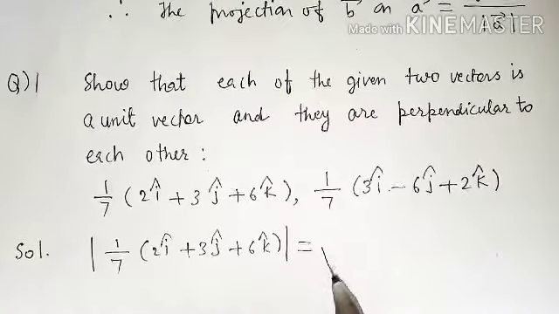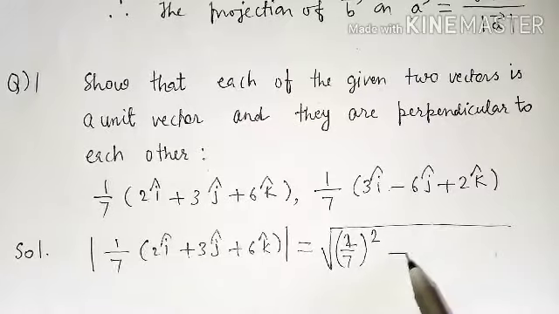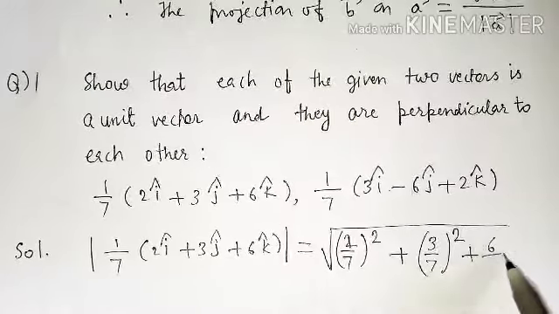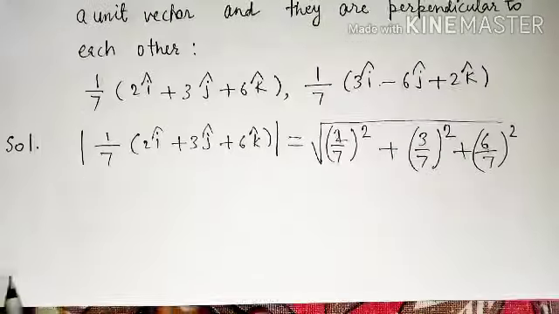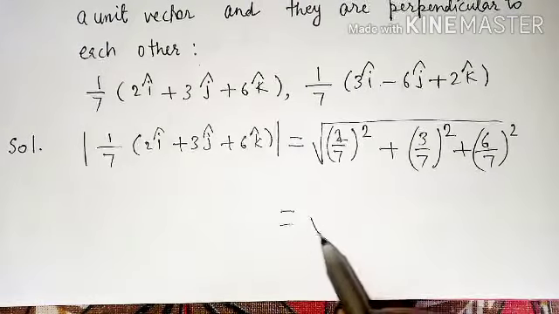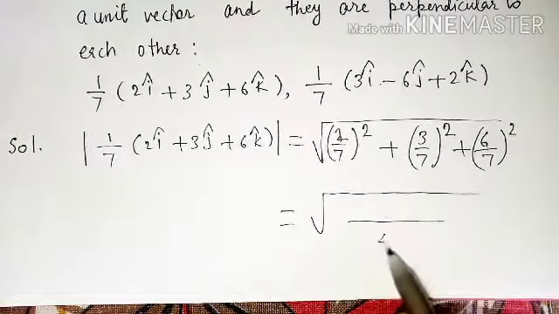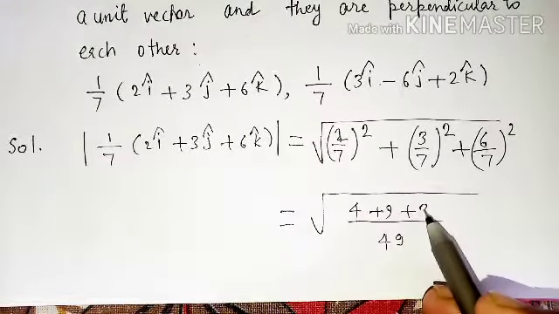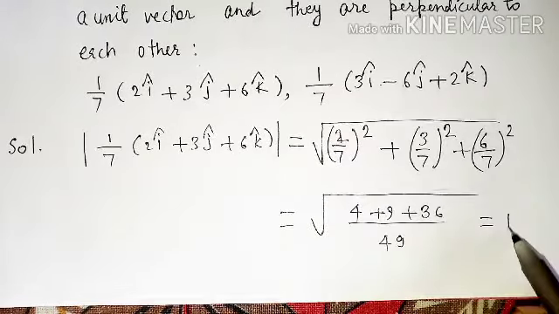This will be the square root of (2 by 7) whole square, (3 by 7) whole square, (6 by 7) whole square. We have LCM 49, 49, 49. 2 square is 4 plus 9 plus 36. 36 plus 13, 49. So it gives us 1.